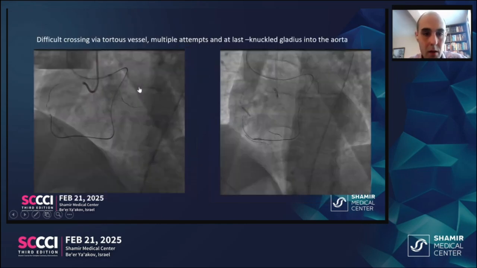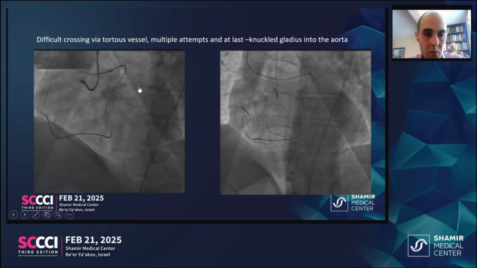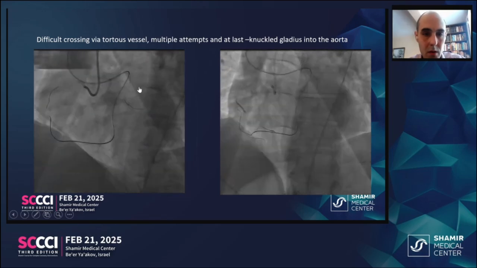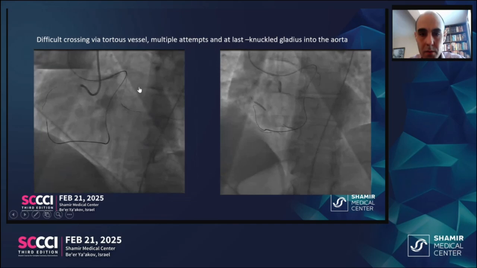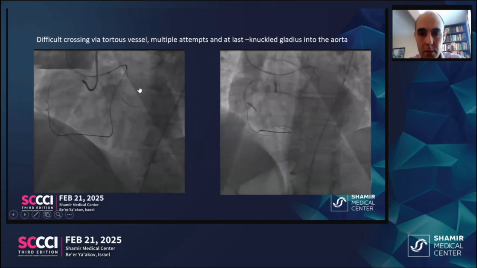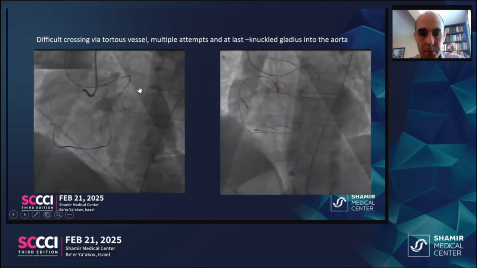And that's when our problems started. We tried a lot of different wires, but the vessel was quite tortuous. Many attempts were made, but finally we were able to go through the CTO body with a knuckled Gaia EX, which found its way into the aorta.